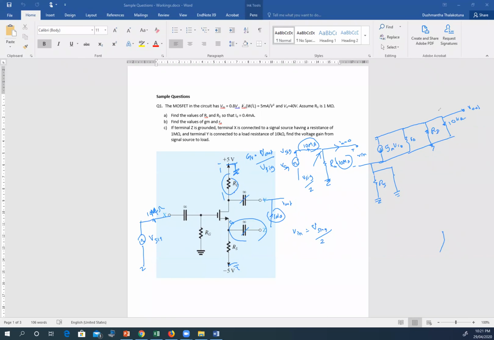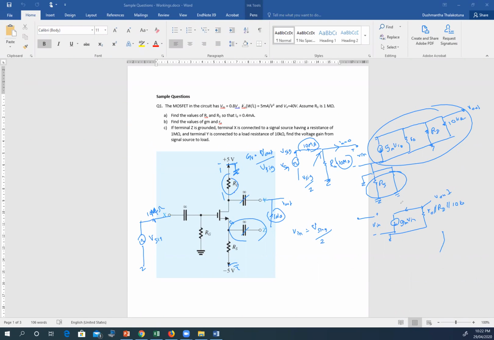Now if I simplify the rest, this gets connected to the ground because it is pretty much shorted. So the equivalent circuit would be a g_m V in source, where V in is here, and then a resistor which is R_O parallel R_D parallel 10 kilo ohms, and that's your V out.